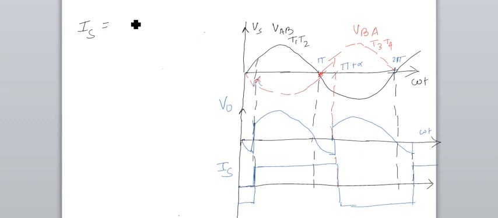IS was the summation over n odd, that is 1, 3, 5 and so on, of 4 I naught by n pi sine of n omega t minus alpha. The magnitude is I naught, and this is minus I naught.